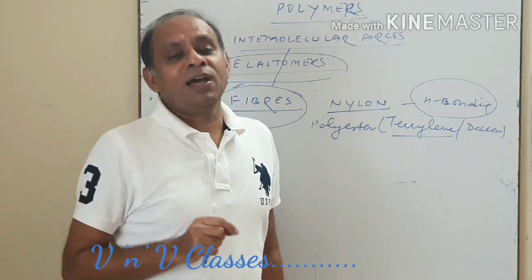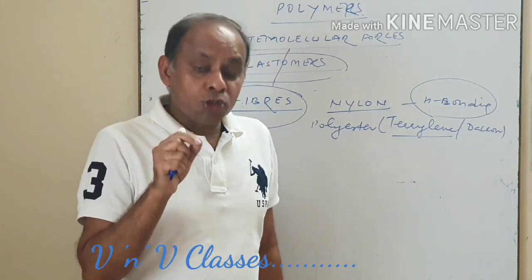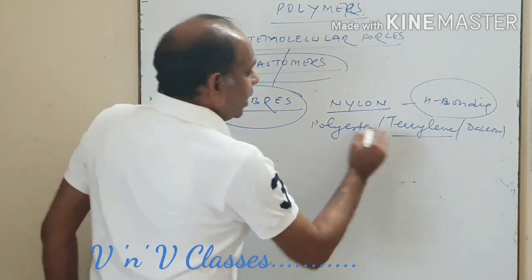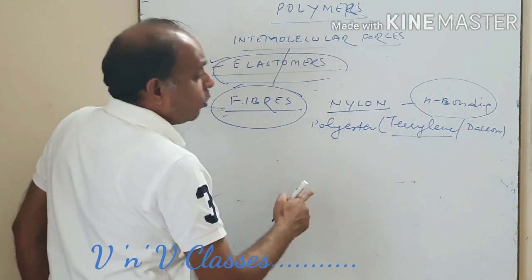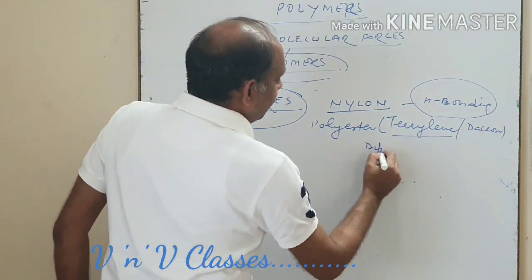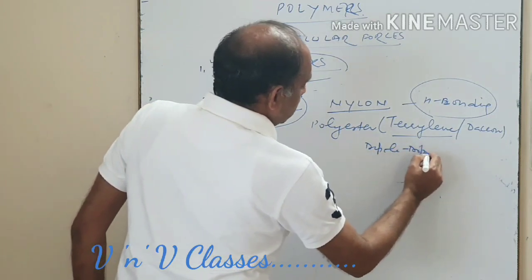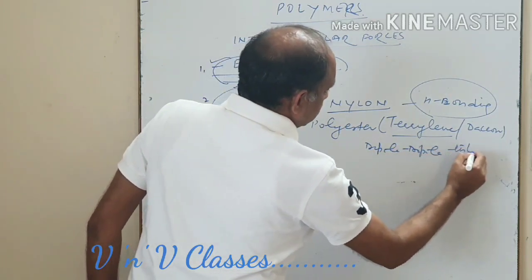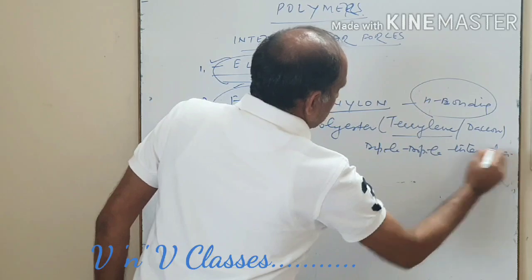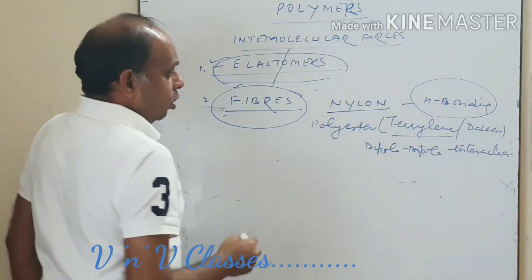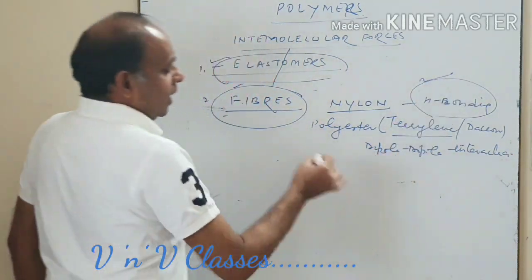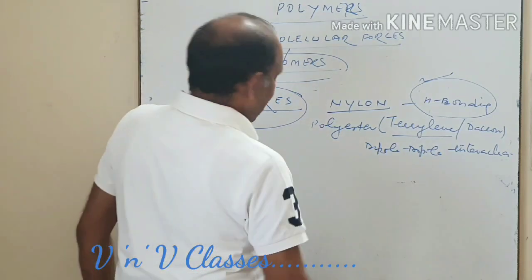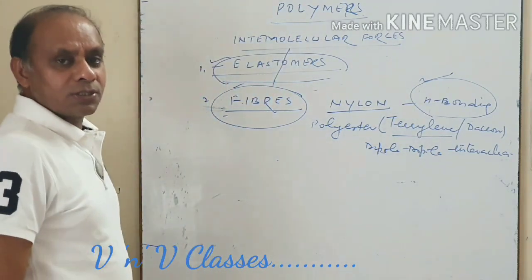That is a synthetic fiber which is used to make fabric. Here in these polymer chains we find dipole-dipole interaction. So in nylon we find hydrogen bonding, and in polyester we find dipole-dipole interactions.